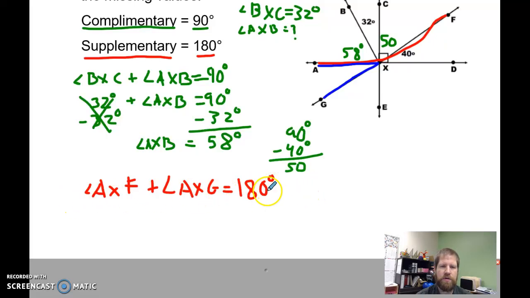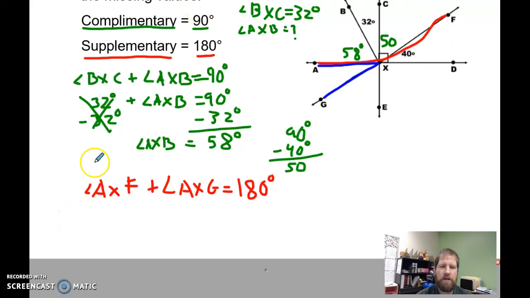If those two are equal to 180 degrees, then AXF plus AXG is going to be 180, or AXG is going to be equal to 180 degrees minus AXF.